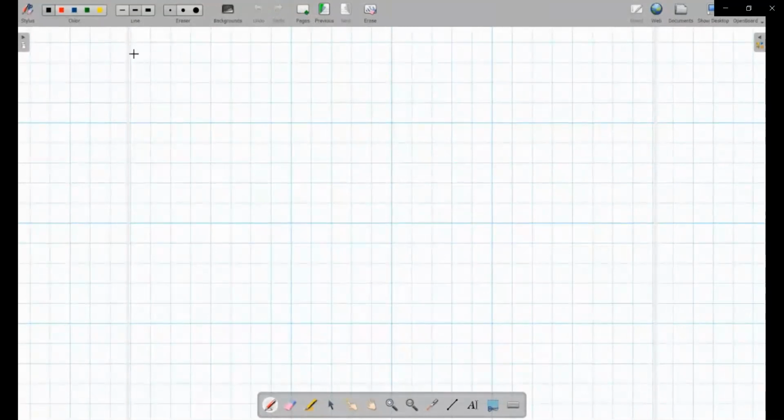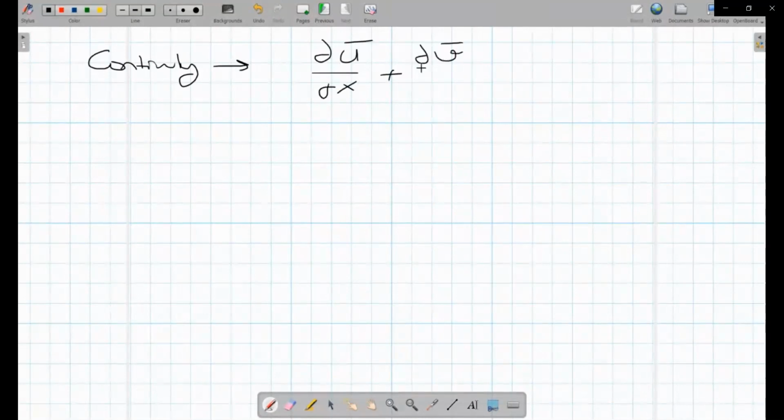As a result of time averaging, our continuity equation now looks like this: du bar dx plus dv bar dy is equal to 0. It's basically the same equation. The only difference is that instead of the instantaneous velocities u and v, we have the average velocities u bar and v bar.